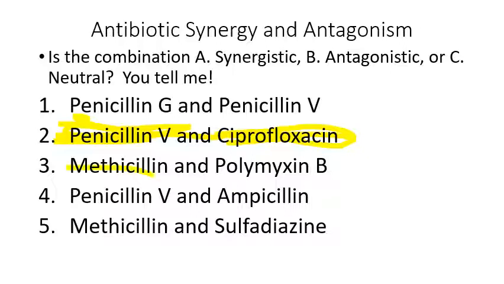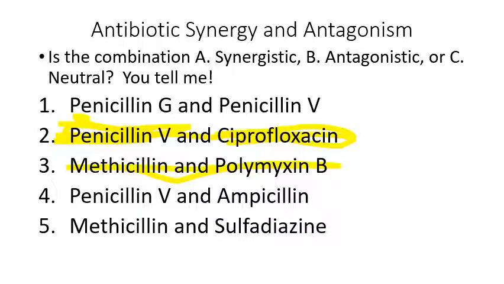Right, methicillin and polymyxin B. I would guess polymyxin B punches holes, so it would probably... What do you think? That would probably be synergistic, I think, because they're working on two different mechanisms. The methicillin is preventing the cell wall from being formed, and the polymyxin, as I said before, has a difficult time getting at the plasma membrane for gram-positive cells.